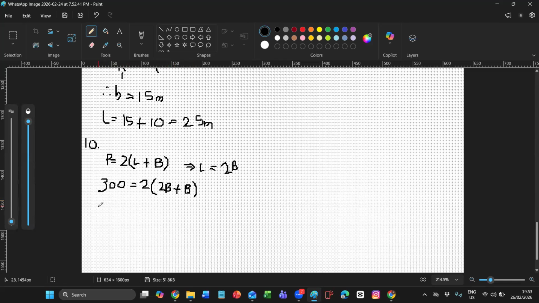So what do we do in this case now? 300 equals, we allow the 2 to go in, right? Or maybe we should just deal with the bracket straight up, since the bracket contains only 2B. So 2B plus B will give you what? That's 3B.